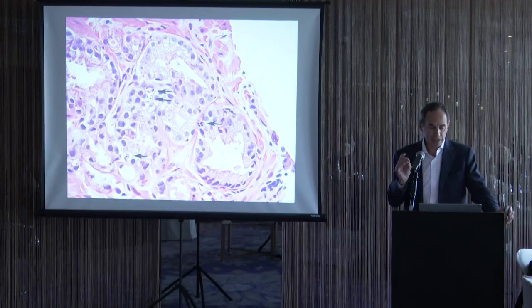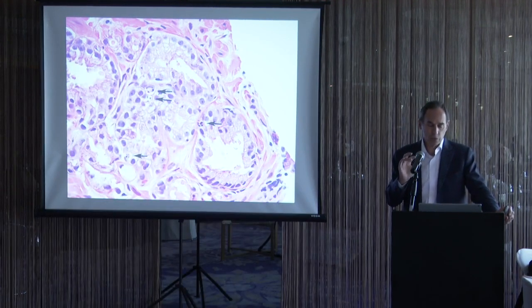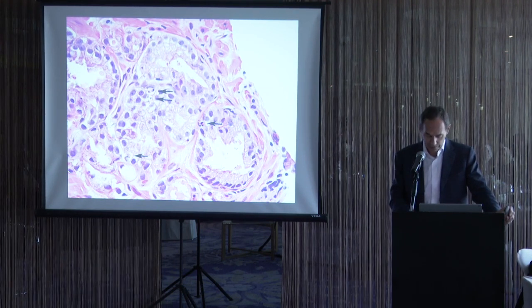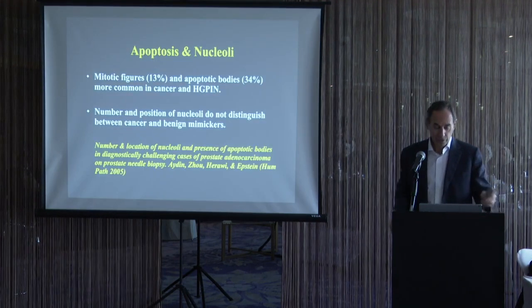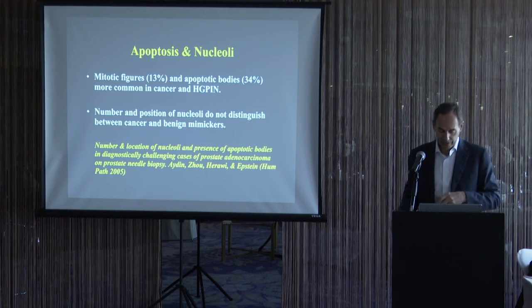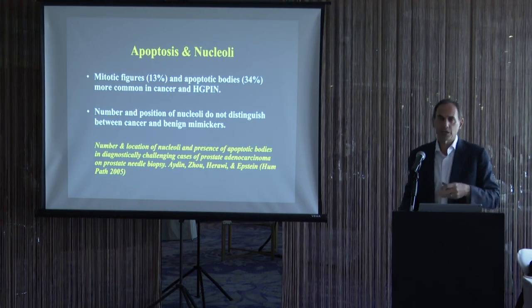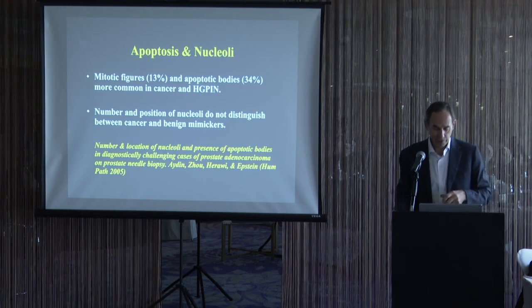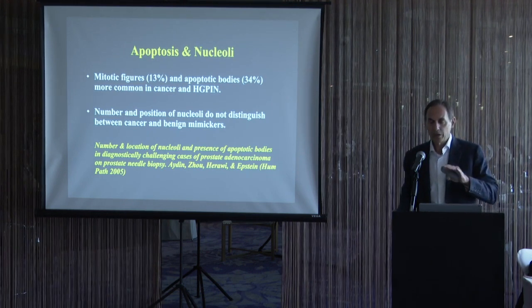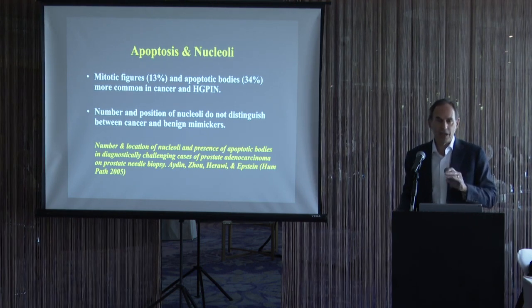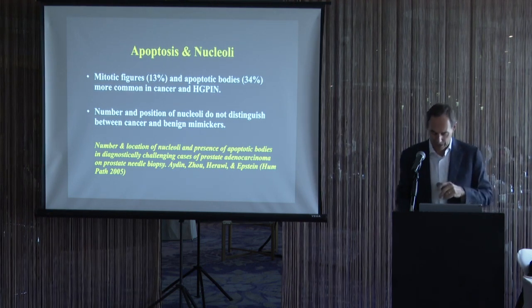But in the presence of small crowded glands, which would not be consistent with high-grade PIN, apoptotic bodies favors cancer. So as you can see here, this was a study I did quite a while ago. Mitotic figures are not that common, but apoptotic bodies much more common in cancer. Where the nucleoli are in the nucleus and how many nucleoli is not something that helps to favor cancer, so it's not something that I look for.